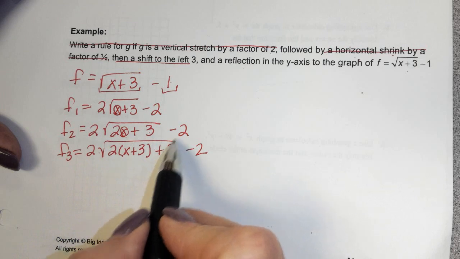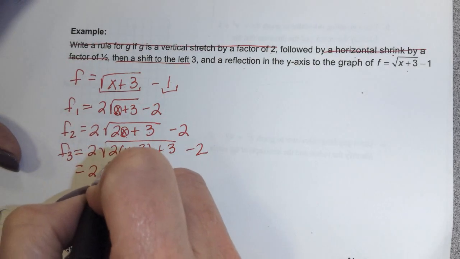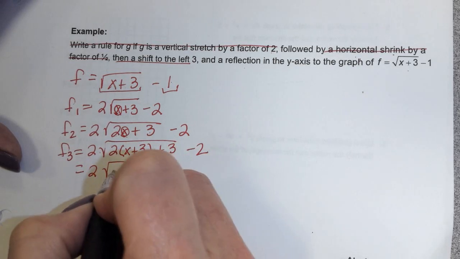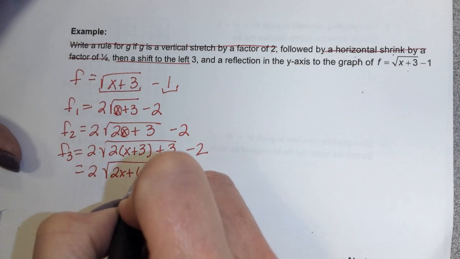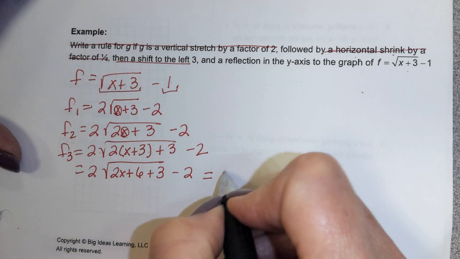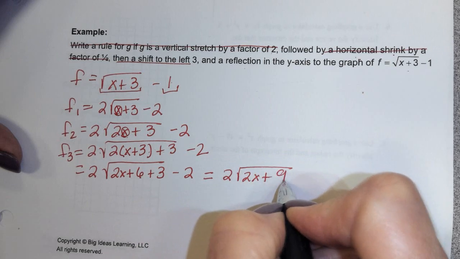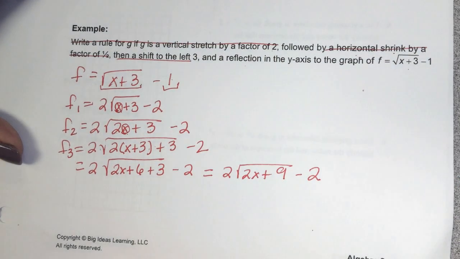That plus 3 still stays there, and the subtract 2 stays there. I'm going to simplify. I can distribute this. So this is going to be 2 radical 2x plus 9 minus 2.